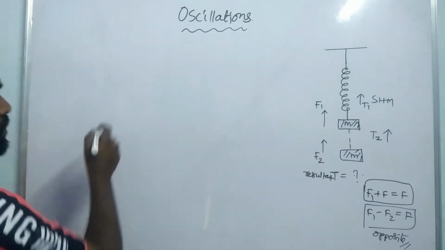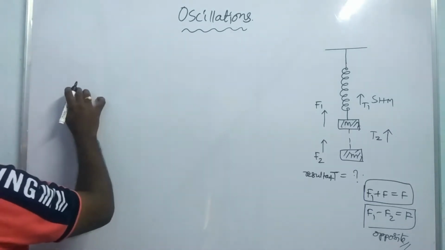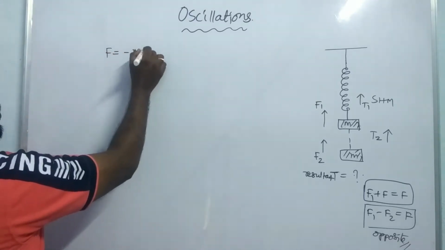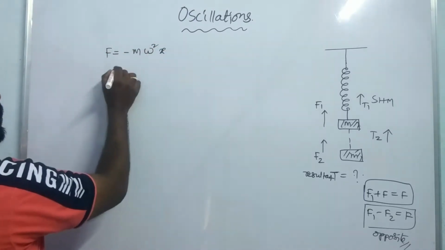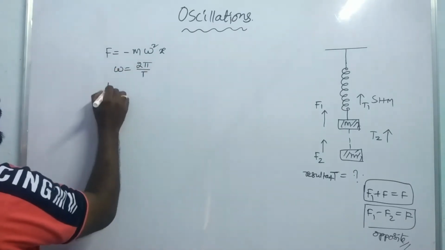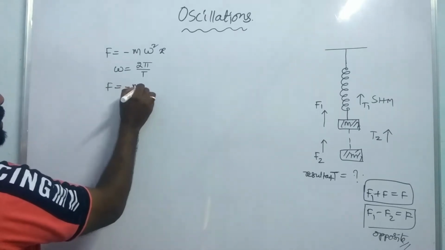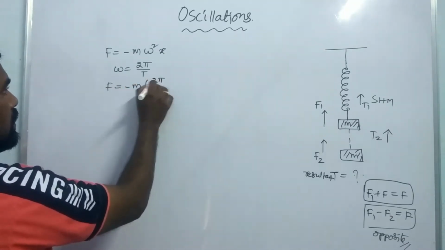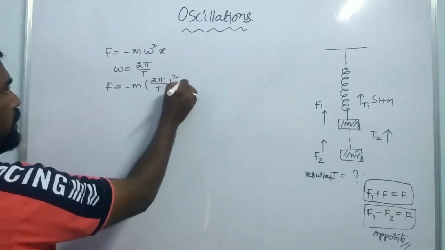Let us find. So here the force, already you know that F is equal to minus m omega square x. Omega is equal to 2 pi by T here. So then F is equal to minus m into 2 pi by T whole square into x.